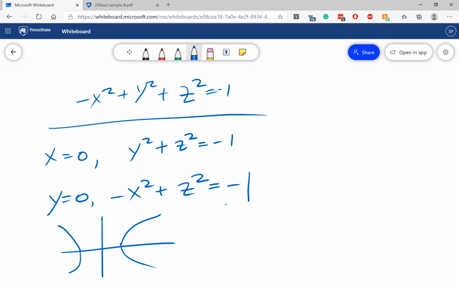Here is going to be our x, here is going to be our z. So if z is 0, then negative x squared is equal to negative 1, which would mean that this would be 1 and this would be negative 1 in terms of x.